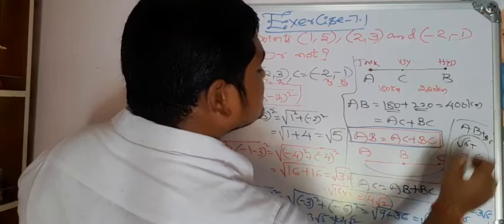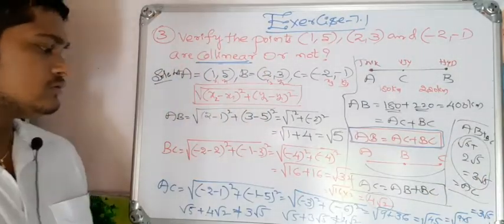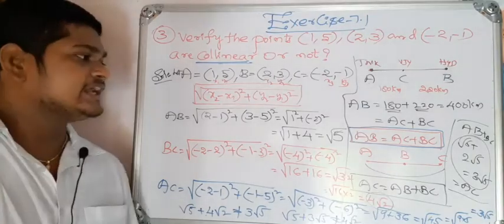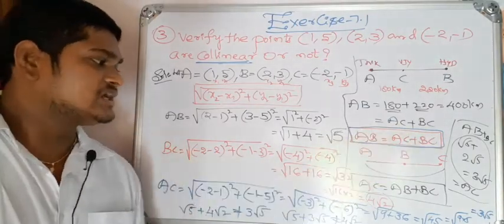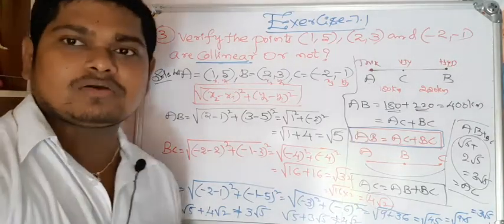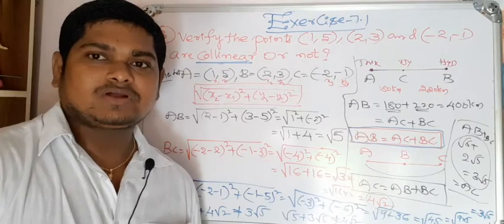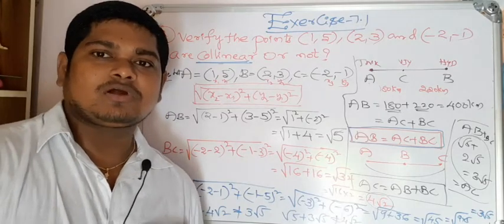Then we can conclude these points are collinear. But here there is no chance of getting AB plus BC equal to AC, or AB plus AC equal to BC. So we can conclude that the given points are not collinear. Okay, this is about the third problem.